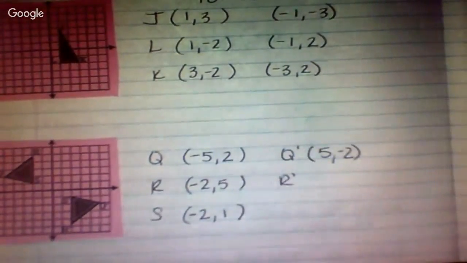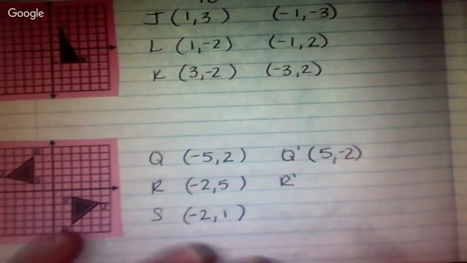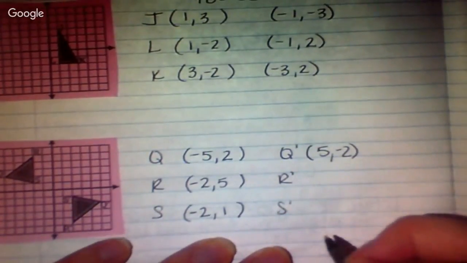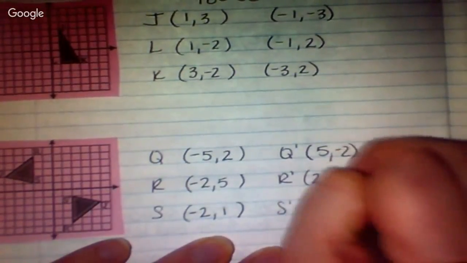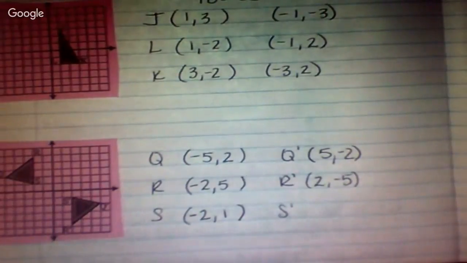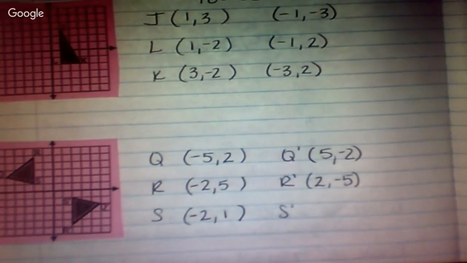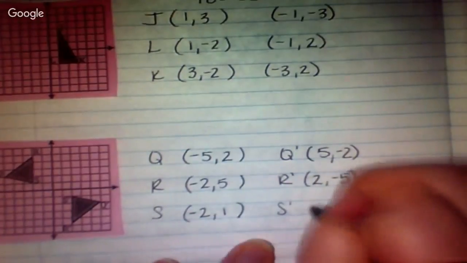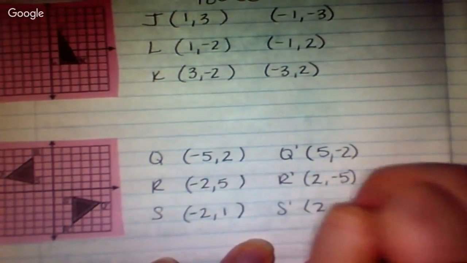R prime is at? (2, -5). My fault. Be careful. It has to be left and right first, and then up and down second. So where is S prime? (2, -1).